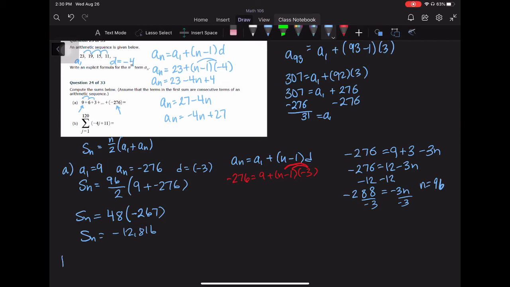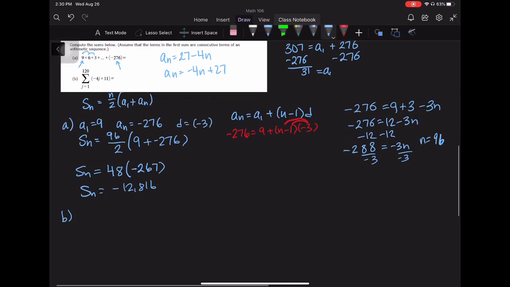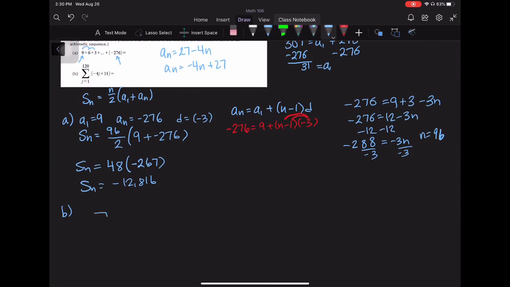For part B, the notation here is saying the sum of the expression -4j plus 11 starting at j equals 1 to 120.